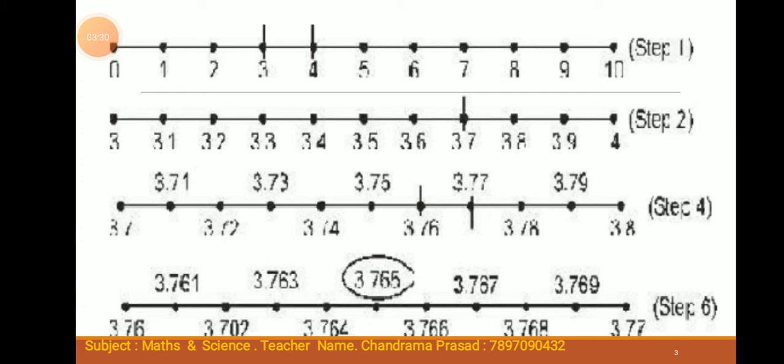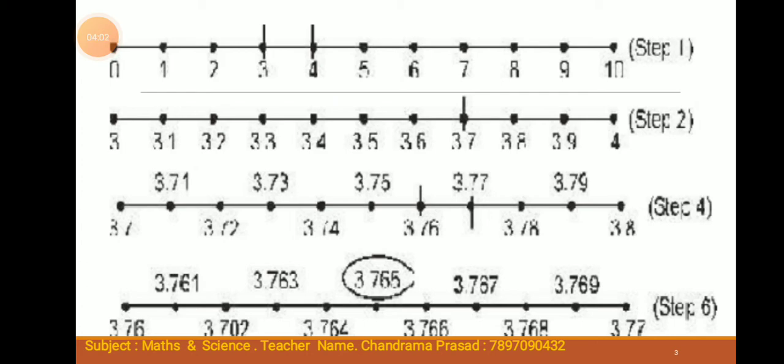First, draw the number line and represent the numbers 0, 1, 2, 3, 4, 5, 6, 7, 8, 9, 10. Mark the numbers 3 and 4 because the given number lies between 3 and 4.